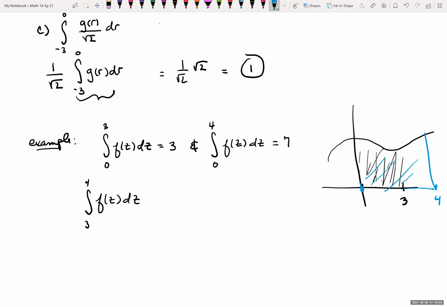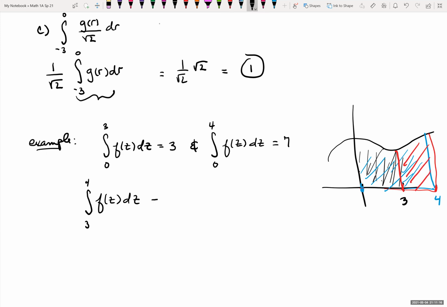But if I want the area from just 3 to 4, I could take the area from 0 to 4, this whole thing, and subtract off the area from 0 to 3, and that would give me what I want from 3 to 4.